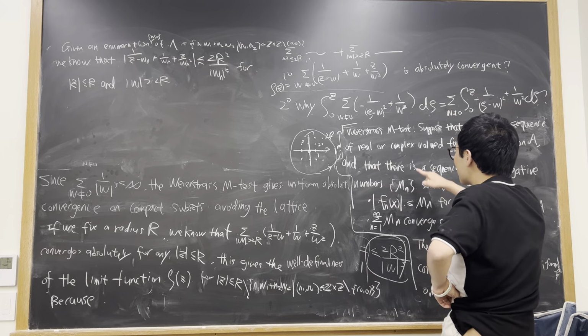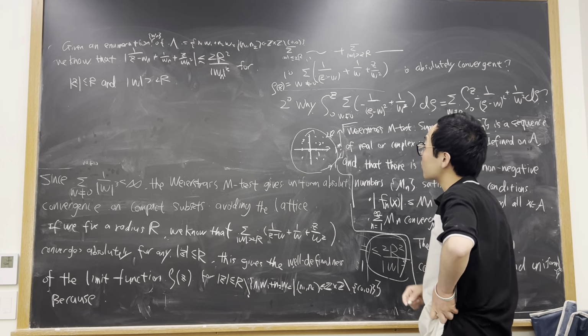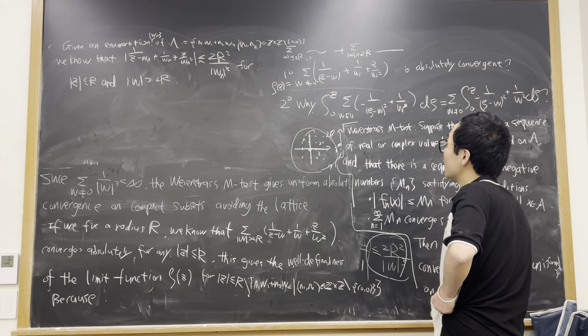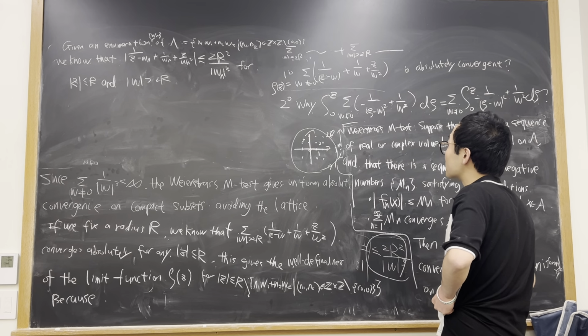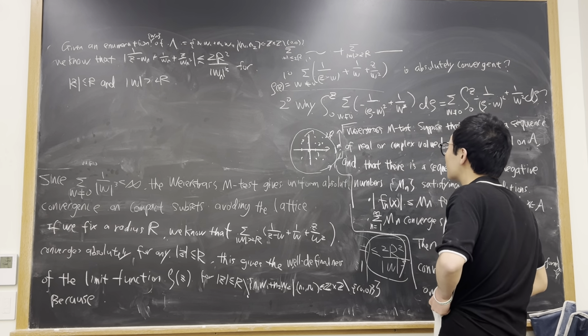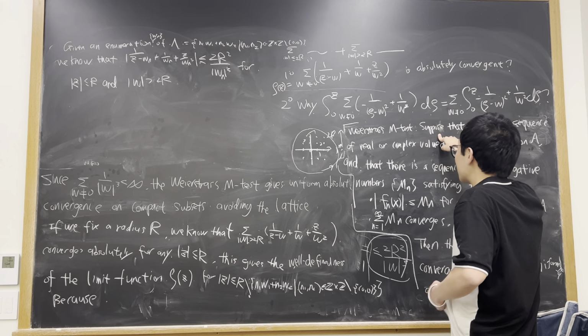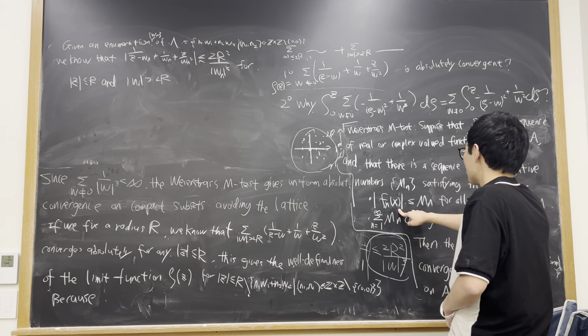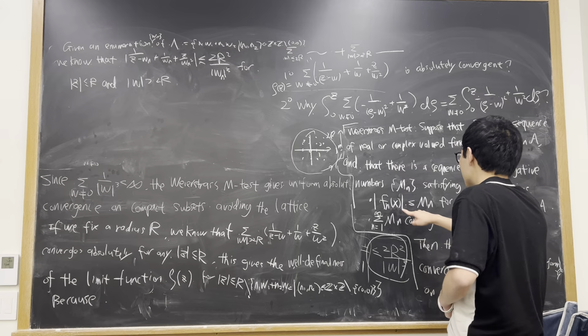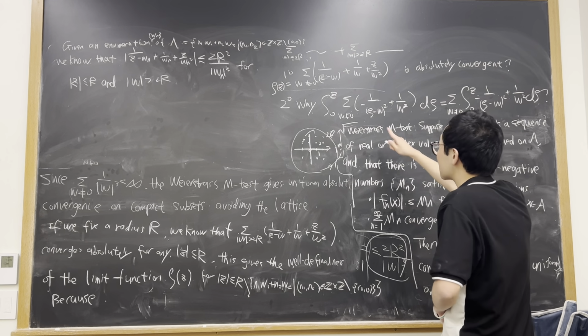So in order to use the Weierstrass M-test, we have to define the partial sums, the sequence of partial sums, and we want to show this condition for the sequence of partial sums F_n in order to show the convergence.